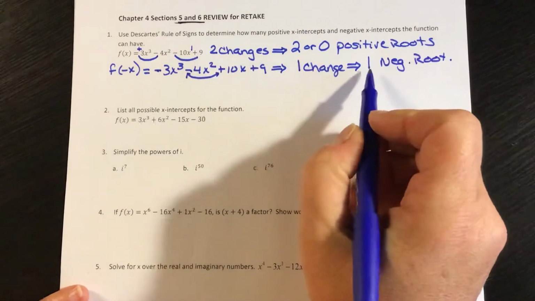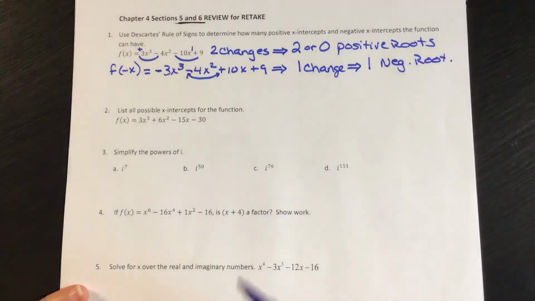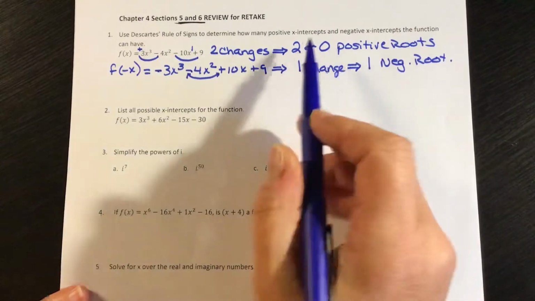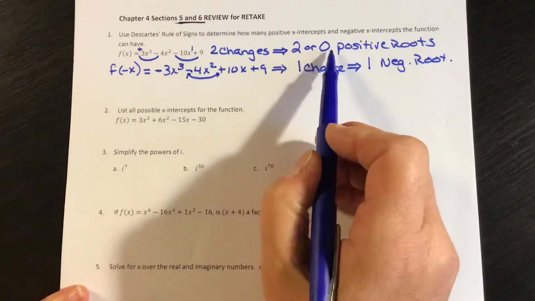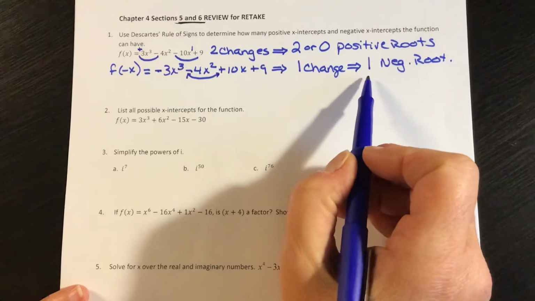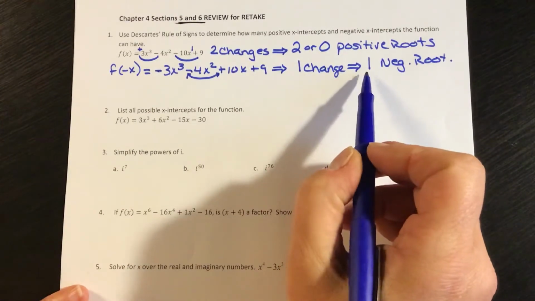Okay, I can't have 1 and 0 because I'm taking away pairs. Okay, so we look at pairs of roots if it's 0 or 2 up here. So there aren't any other odd numbers greater than 0. So I'm just stuck with one negative root.